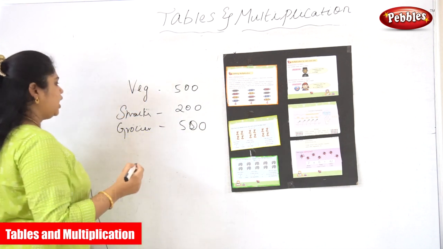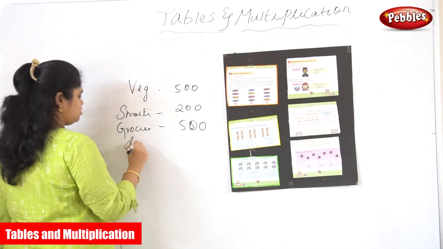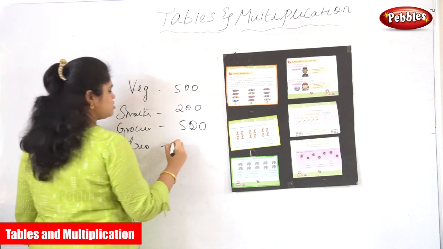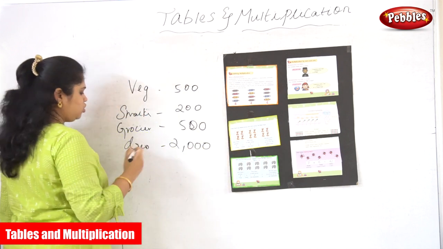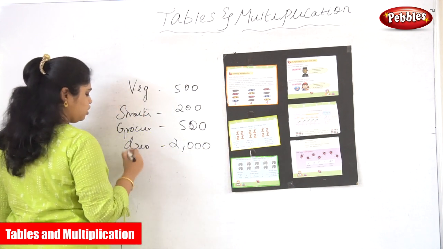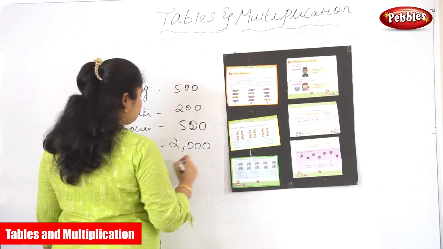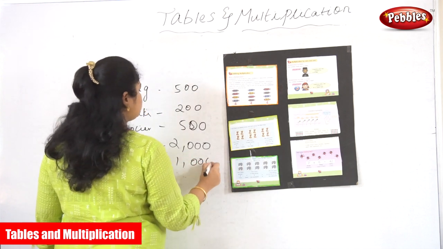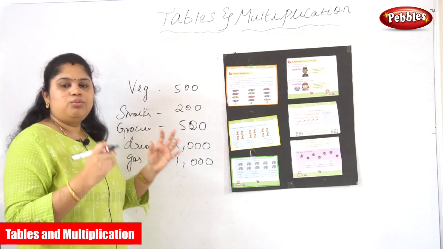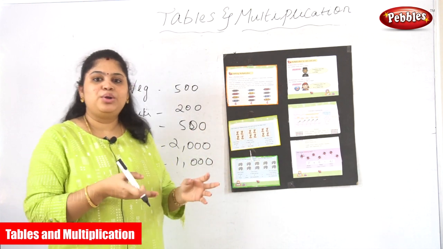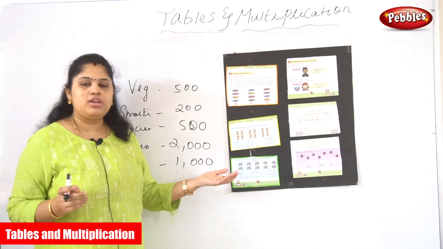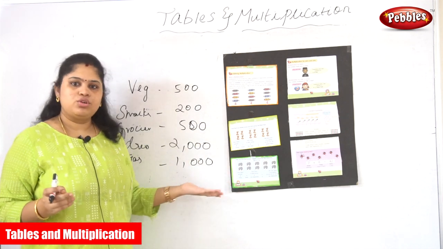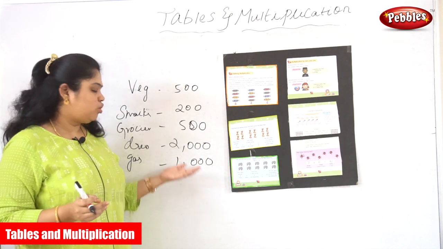Then again you are buying some dresses on the way for 2000 rupees, and on the way you are putting gas or petrol or diesel for 1000 rupees. This is about 2 hours of time spent when you are going out. If you are driving a 2-wheeler or 4-wheeler, of course you will put some petrol or diesel.